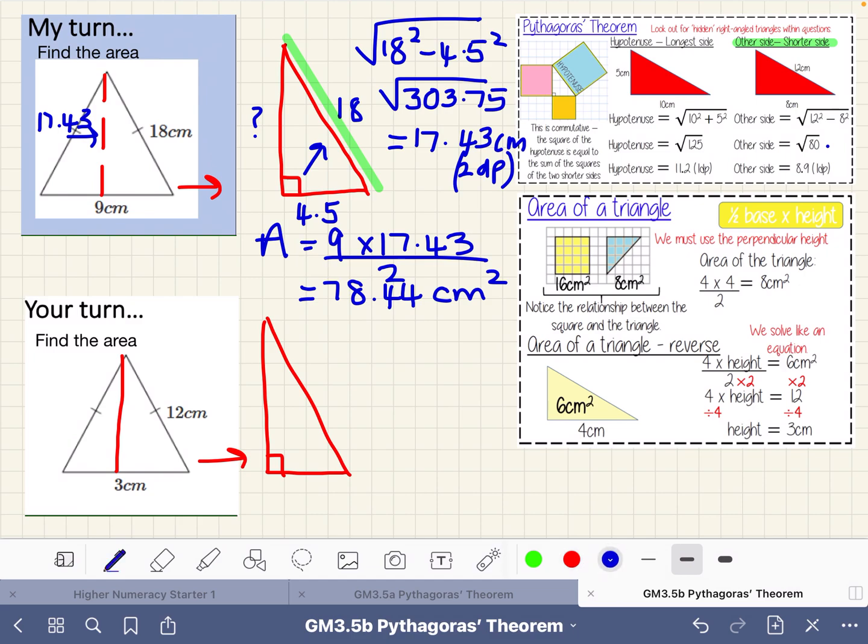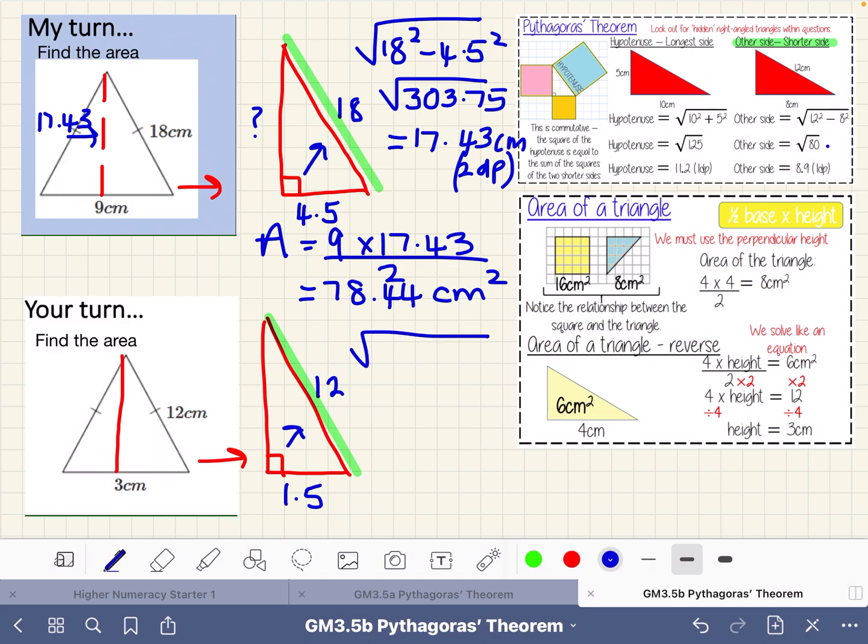We can now see that our hypotenuse is 12, our base is 1.5. Because we know the length of our hypotenuse, we are trying to find the length of a shorter side, which is our perpendicular height. To do this, we need to square both our sides and subtract them from each other.